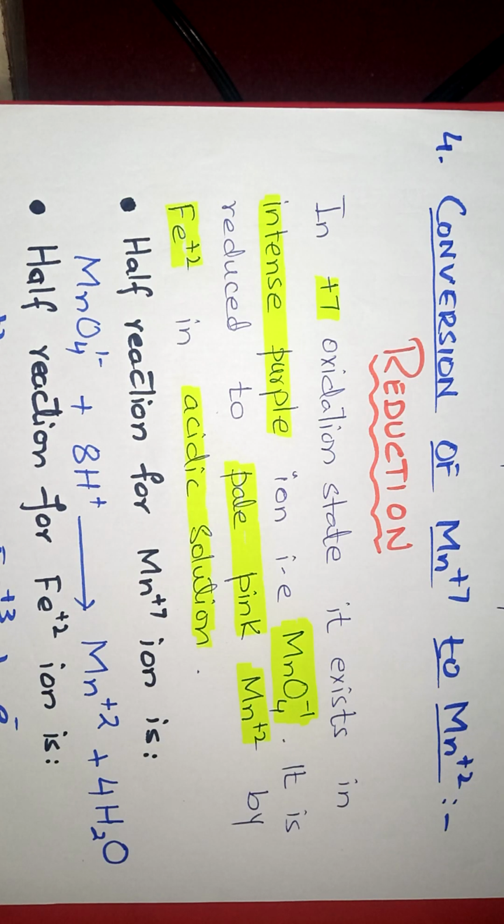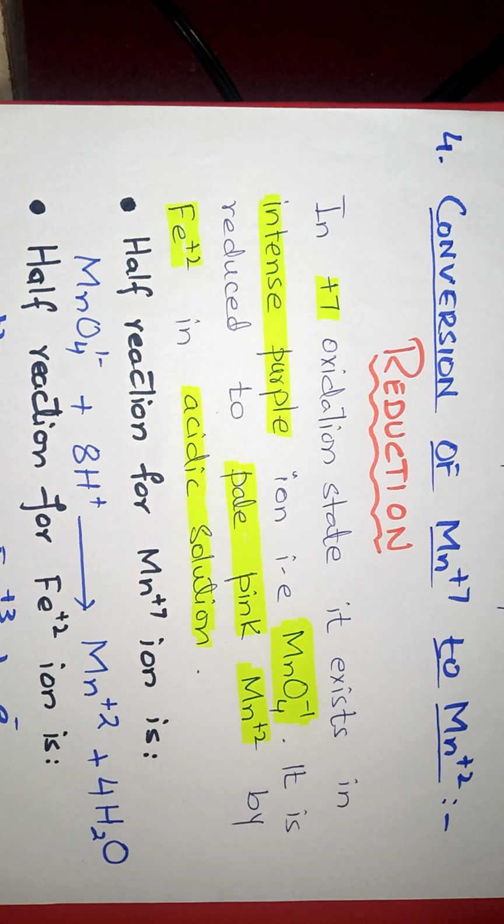The fourth one is conversion of manganese +7 to manganese +2. As you can see, the oxidation state of manganese is reducing from +7 to +2, so we can call it reduction. What is reduction? Dear viewers, reduction is defined in different ways.